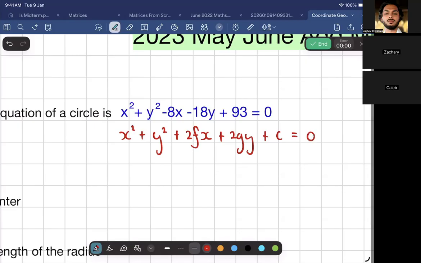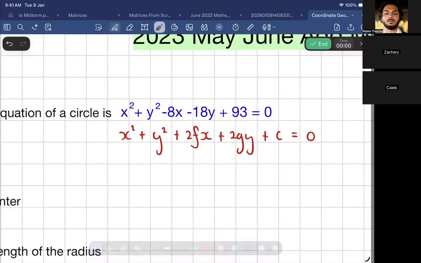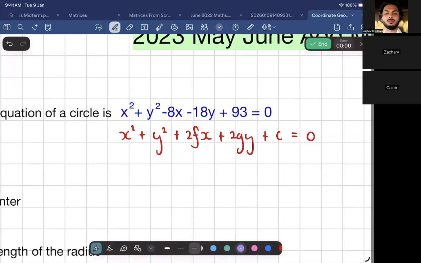Now, let me ask you a question. I want you to look at the coefficient of the x term here. What is the number in front of the x over there? -8. Okay, cool. So minus 8 here. What is the coefficient in front of the x term over there?